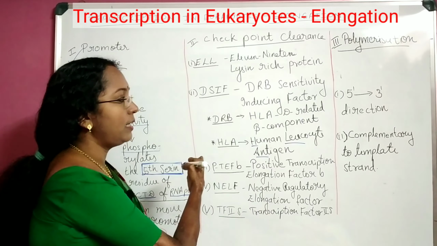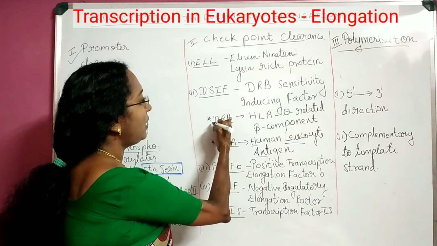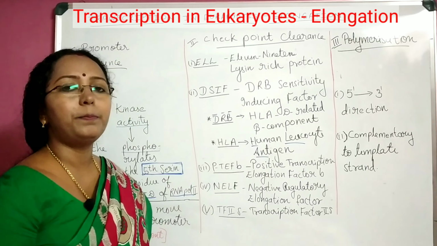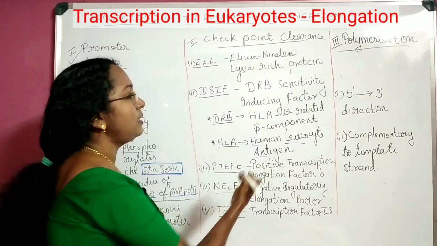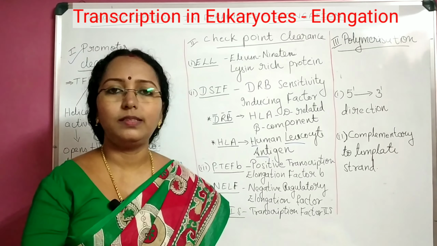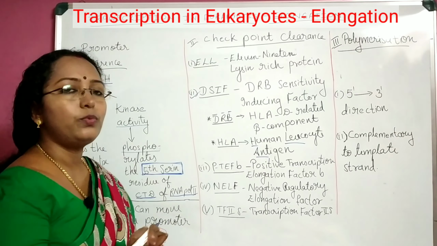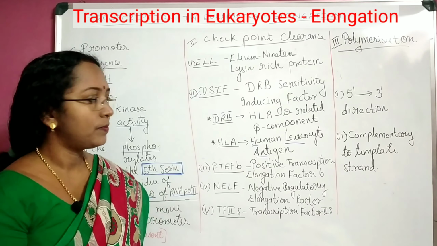So DRB sensitivity inducing factor, DSIF, we have to focus on this one. DSIF is very, very important in this checkpoint clearance.